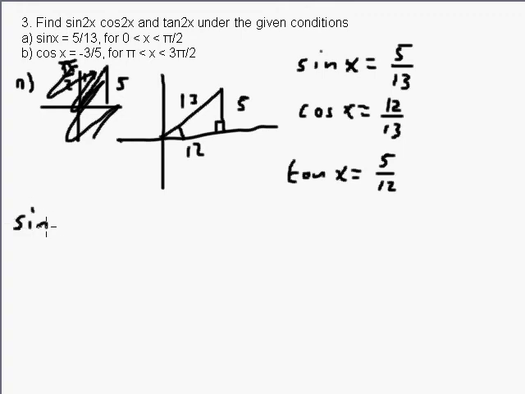First of all, sine of 2x. Now, why did they give you this question? Because first of all, it tests your knowledge on this, and it also tests your knowledge on double angle theorems.